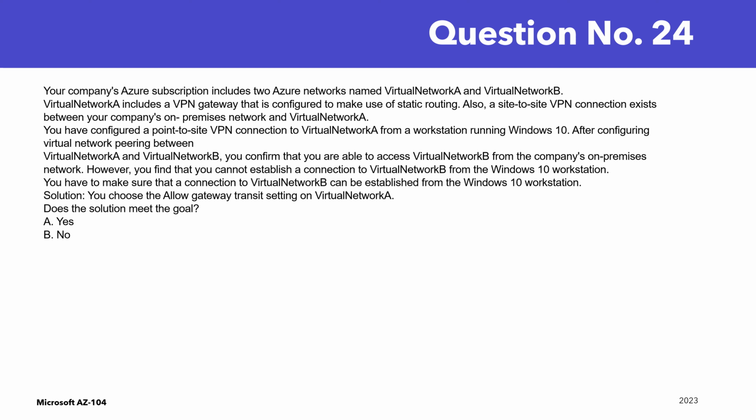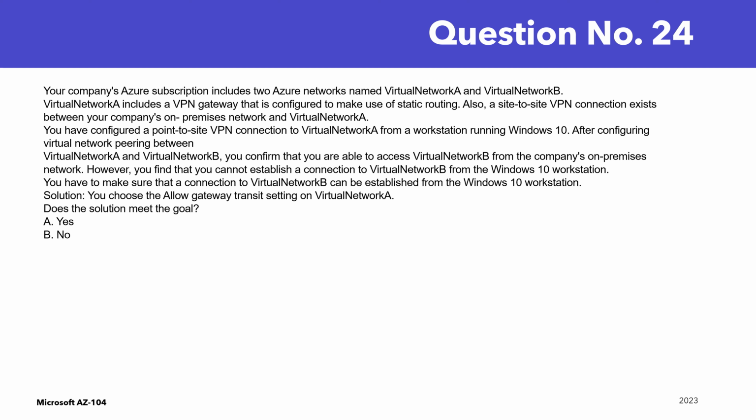After configuring virtual network peering between Virtual Network A and Virtual Network B, you confirm that you are able to access Virtual Network B from the company's on-premises network. However, you find that you cannot establish a connection to Virtual Network B from the Windows 10 workstation. You have to make sure that a connection to Virtual Network B can be established from the Windows 10 workstation.